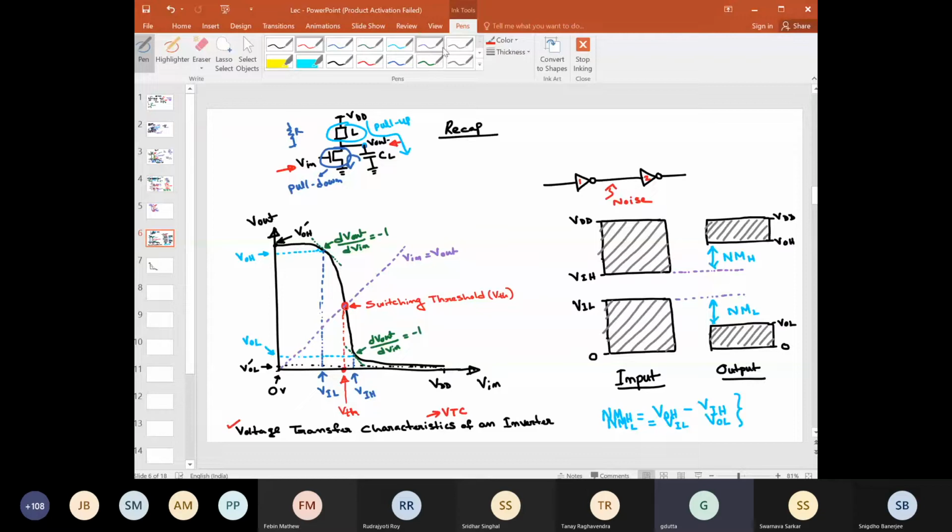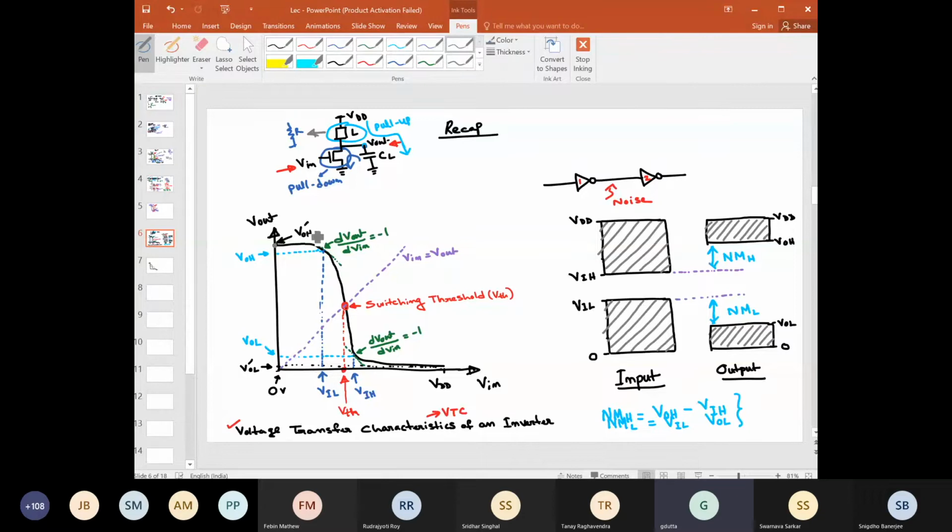So let us quickly and briefly recap those points, because some of these points we will try to estimate today for this inverter, when we have a resistor here. So this point, that is the maximum output voltage, we have denoted using VOH dash, right?